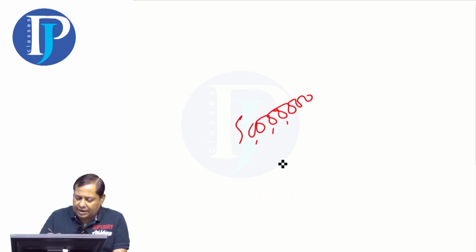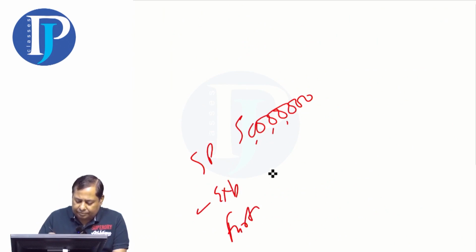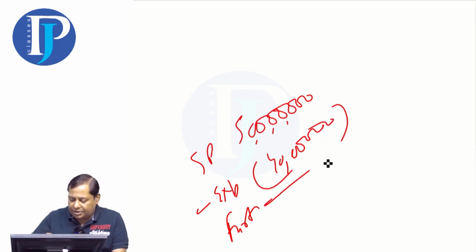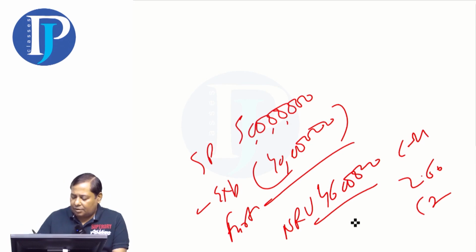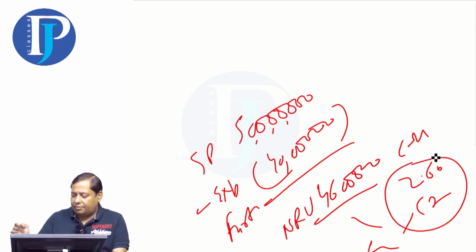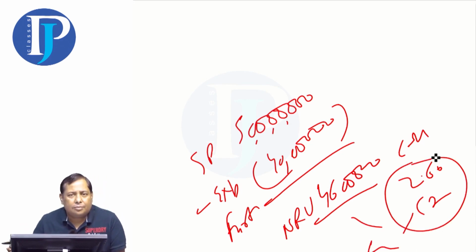If 5 crore is the selling price, we will include the further expense in this. We need to spend another 40 lakhs. So the NRV that we have, cutting everything down, will be 4 crore 60 lakhs. But the cost is 260. Whichever is lower, it's 260. There is no loss here.